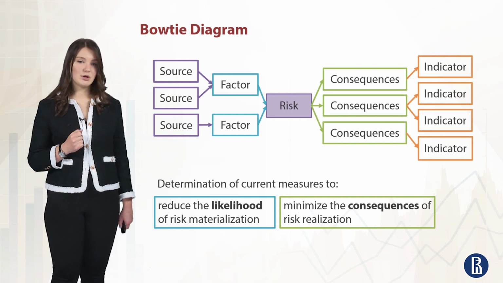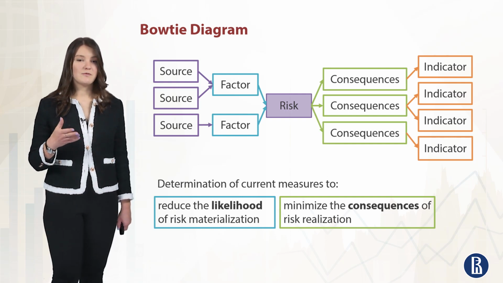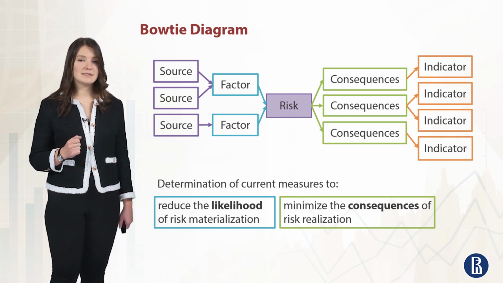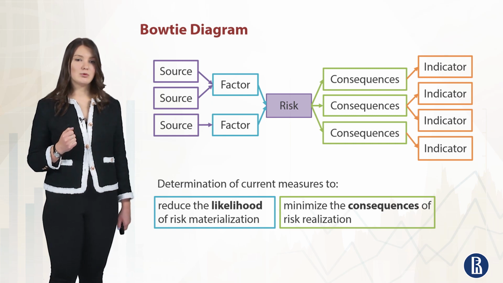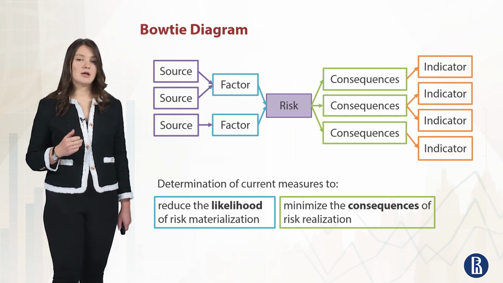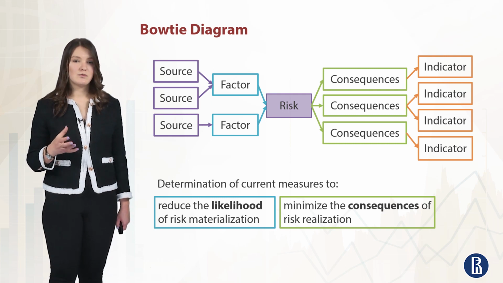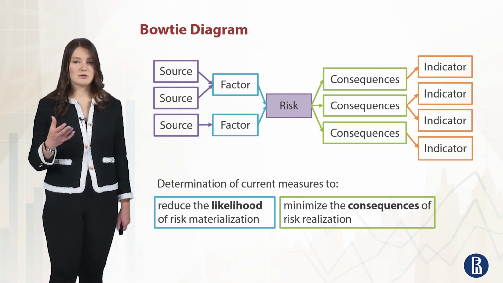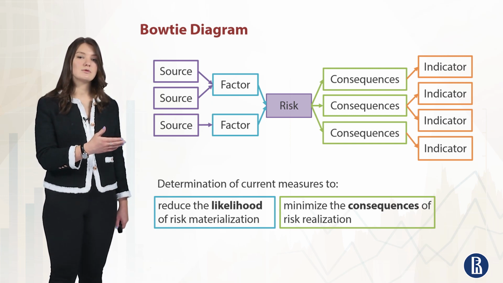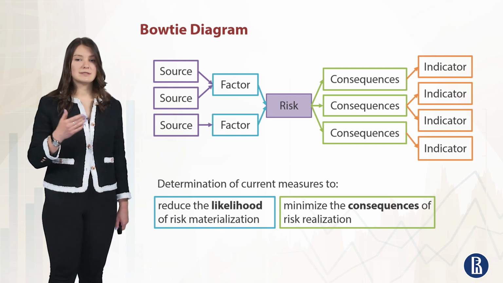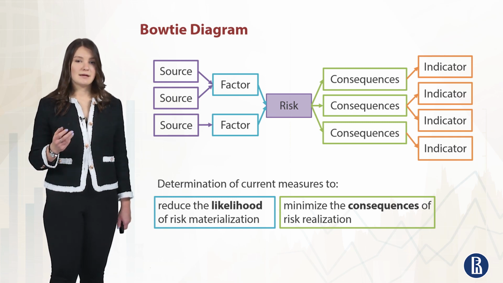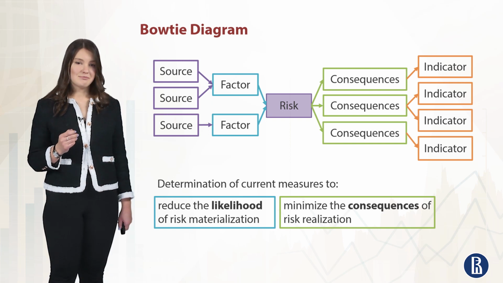And the very useful framework for providing risk analysis is the bow-tie diagram. Now you can see it on your slide. It is a very useful graphical depiction of pathways from the causes, the risk factors of the risk, to its consequences in a simple, very understandable diagram.